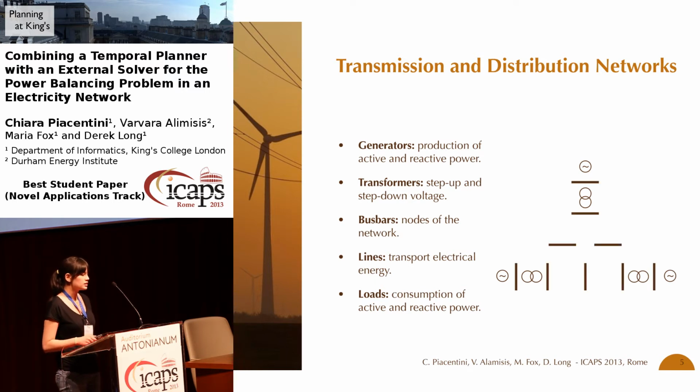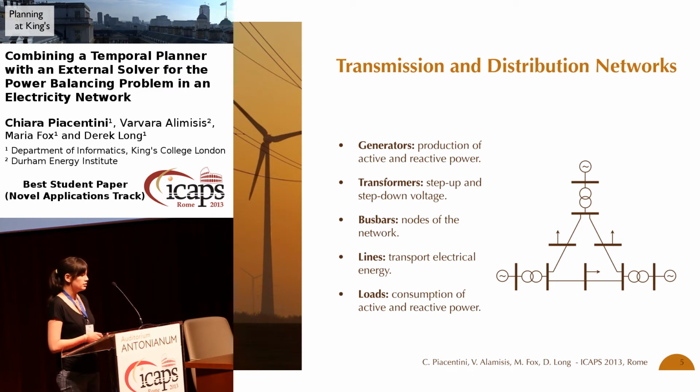We have bus bars. Bus bars are basically strips of electrical conductor that connect different parts of the network. We have lines that are the means in which the electrical energy flows, and finally we have loads that consume the active and reactive power.